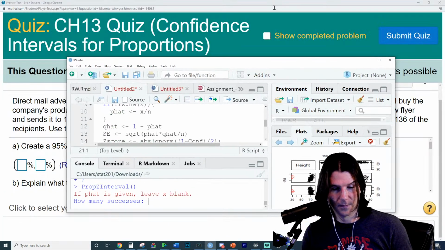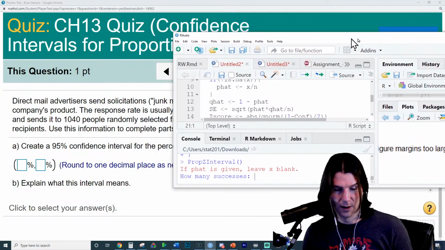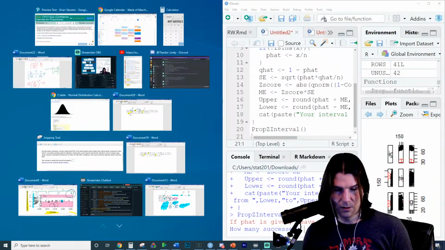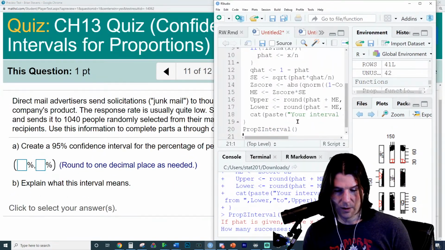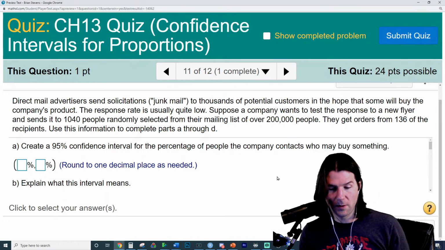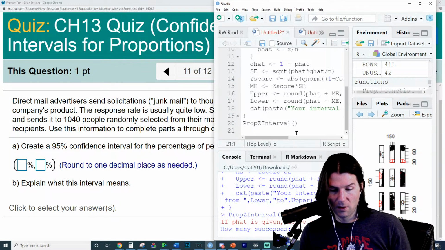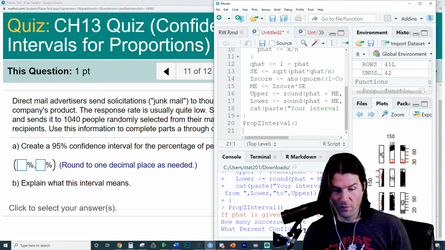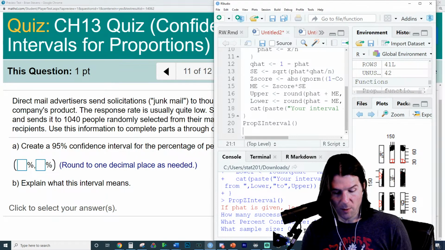Prop Z interval. And let's go to a question here. So we'll go here to prop Z interval. How many successes? So we see right here, they had 136 successes out of 1040. So 136. So we go right here, 136 out of 1040, build 95% confidence.